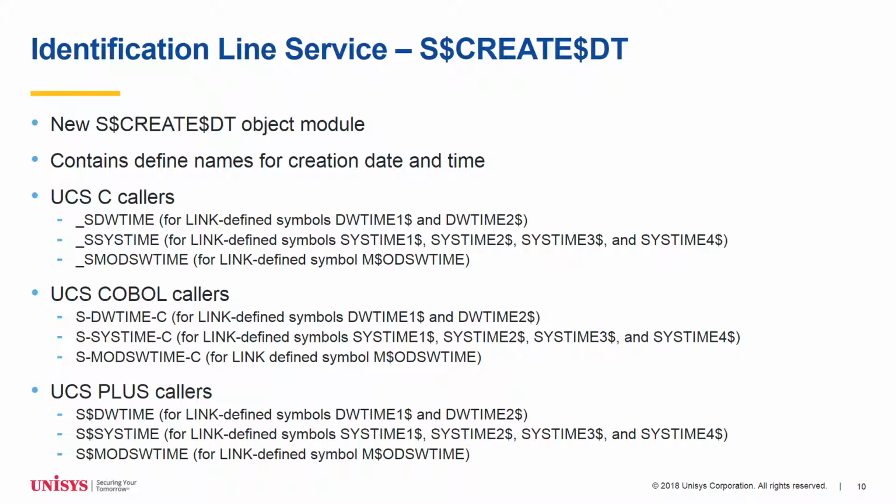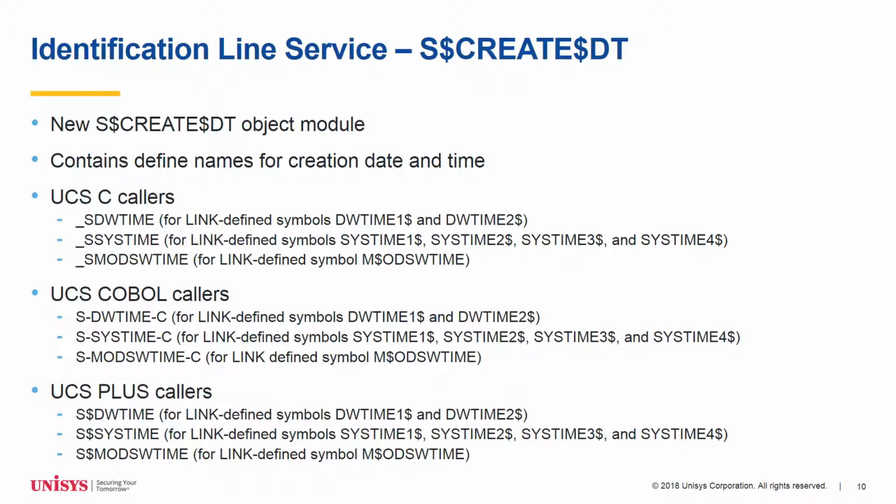A new object module, $create$DT, is added to SLIB in support of the identification line service. $create$DT contains defined names corresponding to the link defined symbols for DW time dollar, sys dollar time, and modified SW time as shown here.